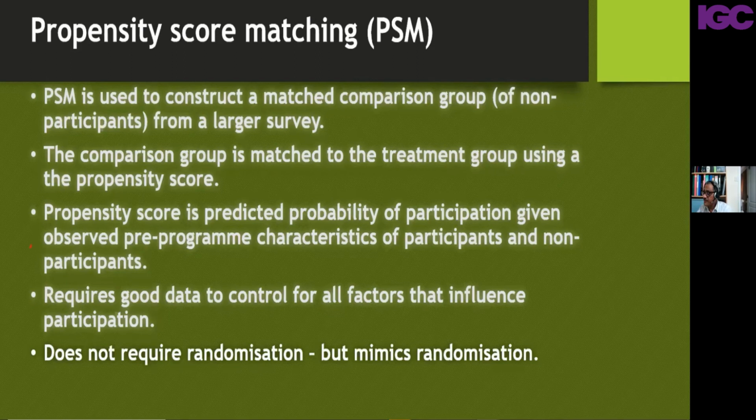The only difference is that the comparison group did not participate in the program. So in that sense, it tries to mimic randomization. And let us see what are the steps we need to go through to carry out PSM.